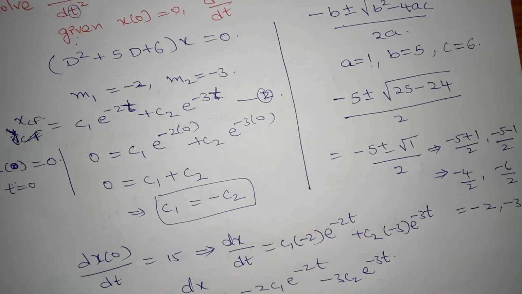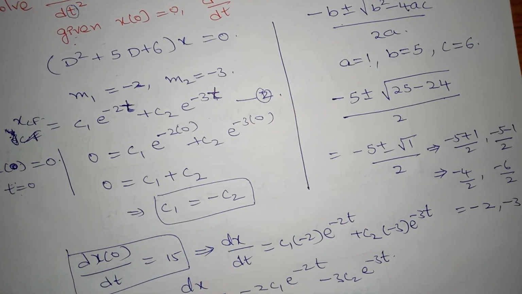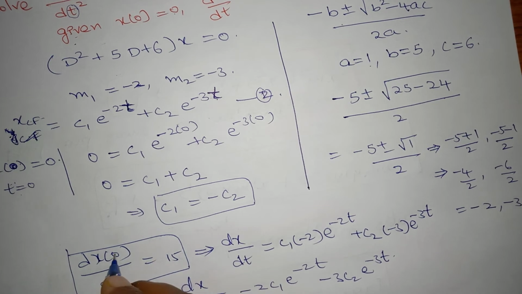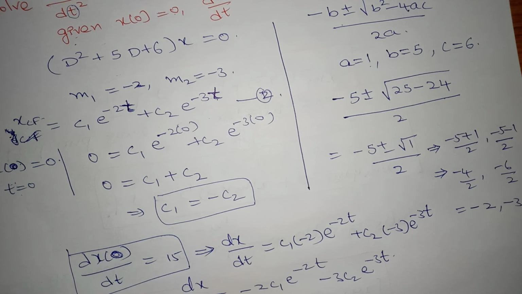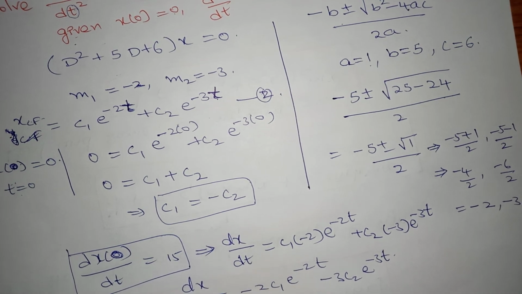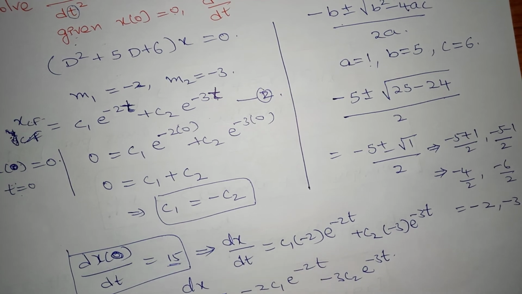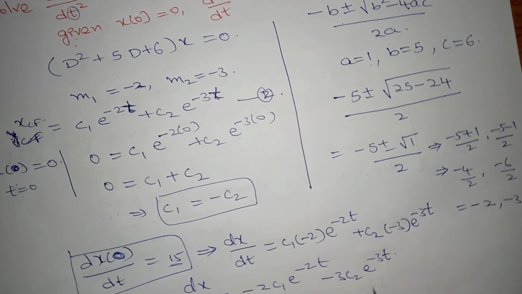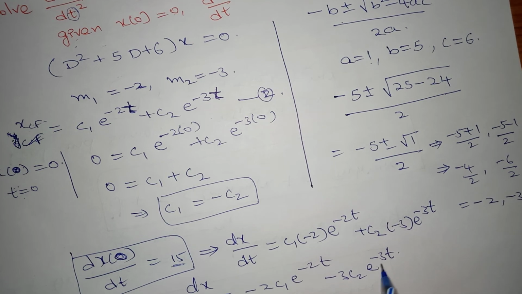Now from the boundary condition, with t equal to 0, dx by dt equals 15, which equals minus 2c1 e power 0, which is 1, minus 3c2 e power minus 0, which will be 1.